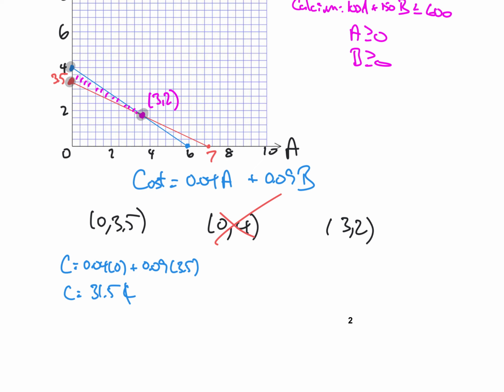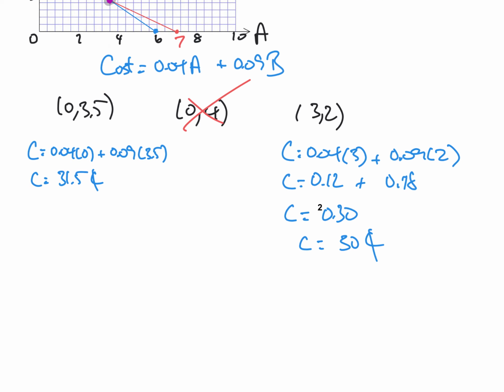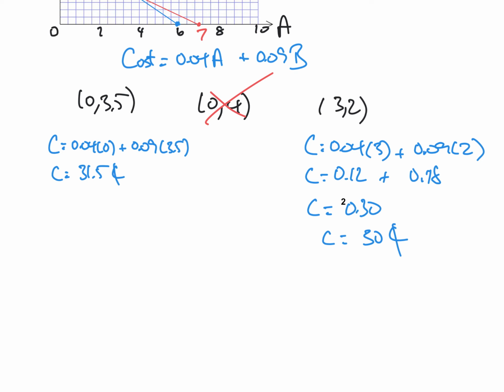How about for 3 and 2? Well, 0.04 times 3 plus 0.09 times 2. The cost is going to be 12 cents plus 18 cents, which is 30 cents. So the 3 and 2 wins, because this is lower.